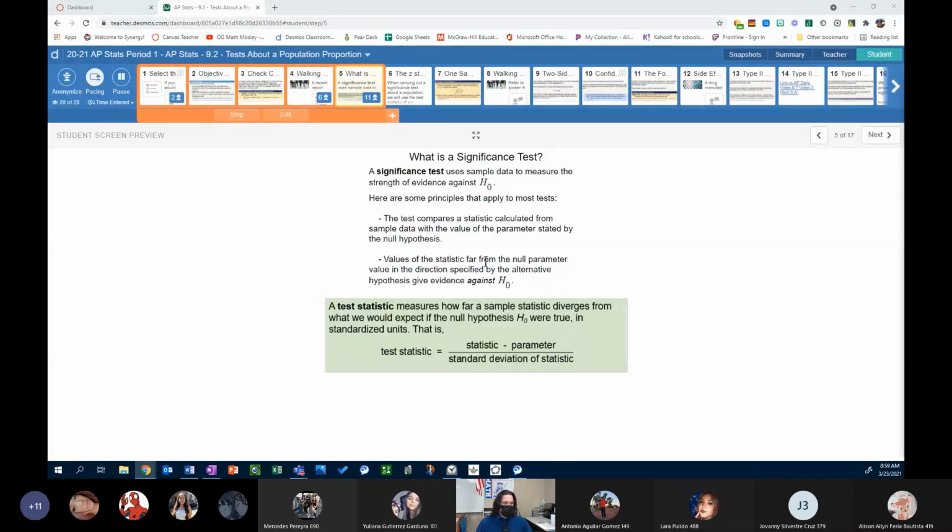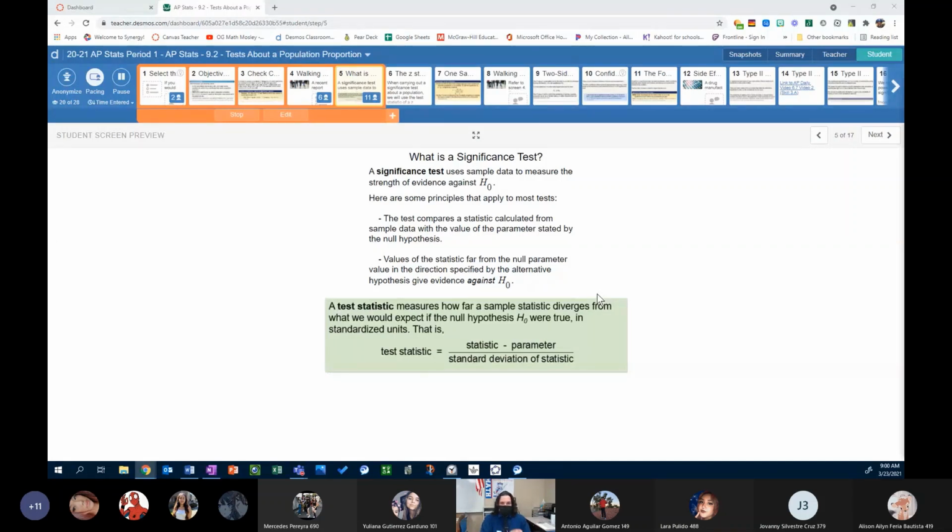Values of the statistic far from the null parameter value in the direction specified by the alternative hypothesis give evidence against the null hypothesis. So that means essentially values that are a lot of standard deviations away from the assumed parameter value of the null hypothesis give evidence that the null hypothesis might not be true.